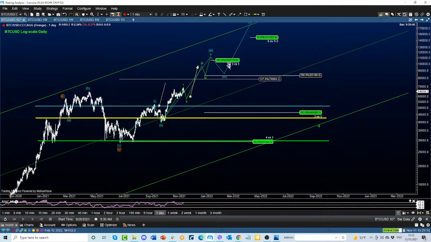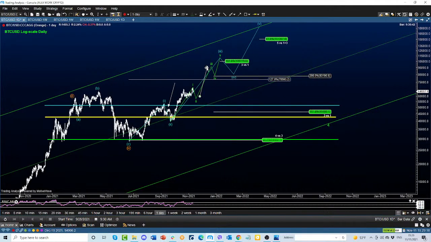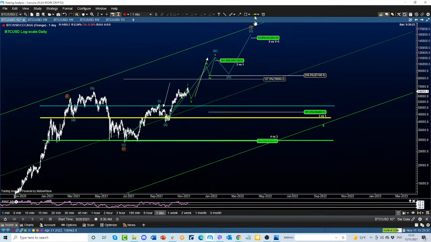From there, 100, 110 will be pretty achievable from that point, which kind of agrees with this stock to flow ratio chart. And then we will go down in a pullback and go even further in Bitcoin price, reaching 150 and even 180K, possibly for this higher development of this wave 3 on a higher degree.